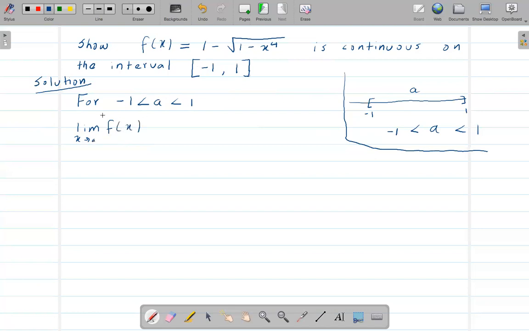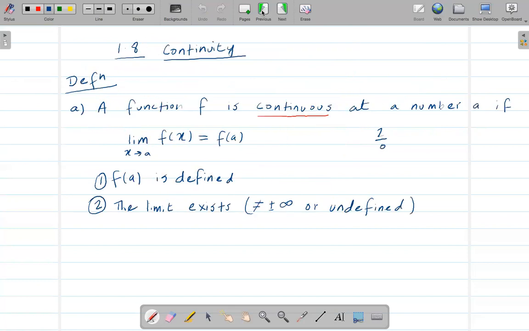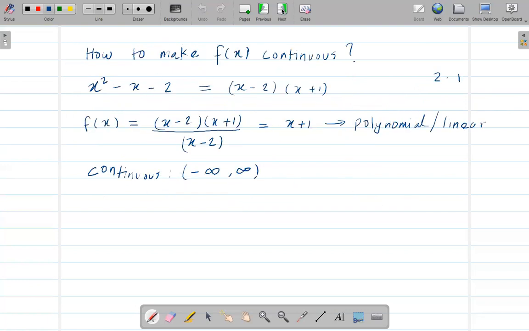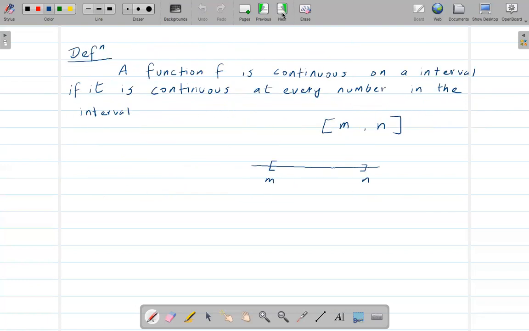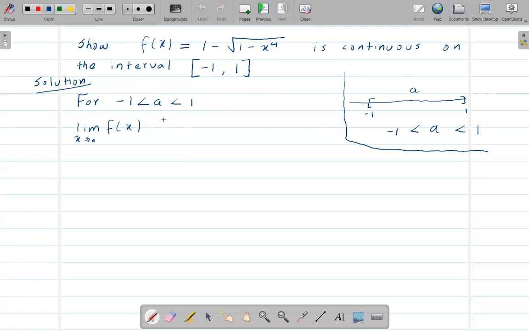The reason I'm doing this is, if you see the first definition I said, if I start from the left-hand side and get the right-hand side f of A, then I can say that the function is continuous. That's exactly what I'm trying to do here.